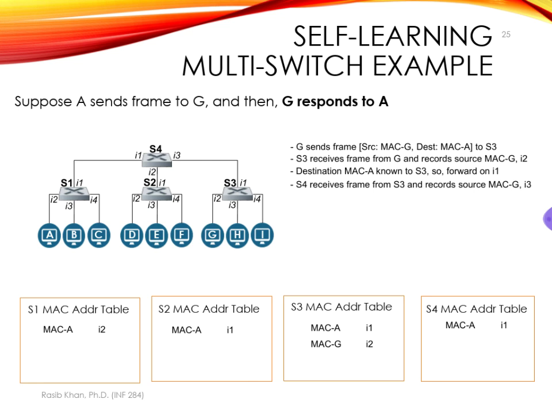When it forwards it out to I1, the frame is received by S4, and when S4 receives the frame from S3, it first checks the frame and sees that the source MAC address of MAC G is not known in S4's MAC address table.